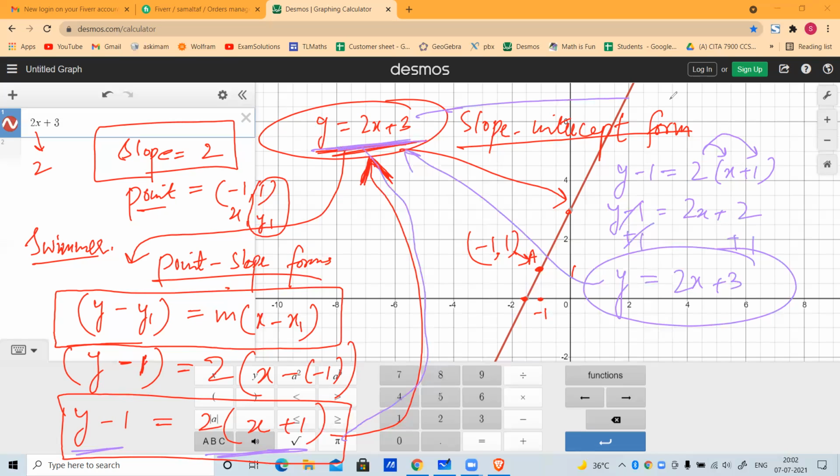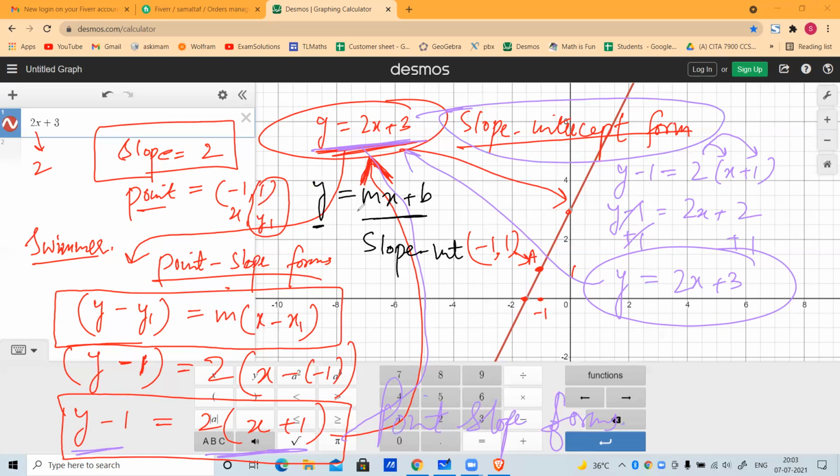The above one is called slope intercept form. The below one is called point slope form. There are just different forms. If you have the line in this form, y equals mx plus b, where there is only y on the left side and other things are on the right side, then it is slope intercept form, because here we have slope as m and intercept as b.